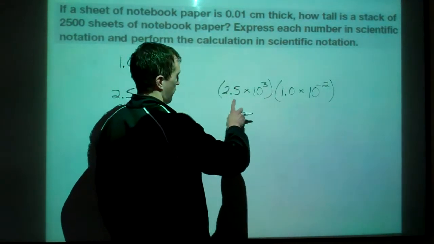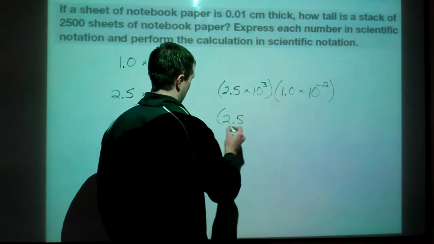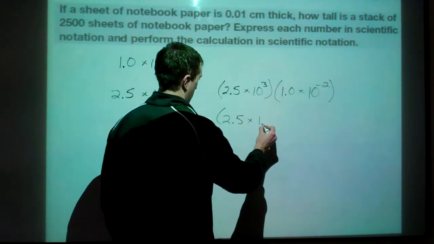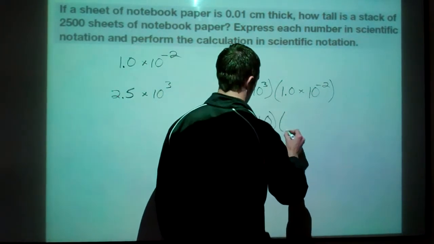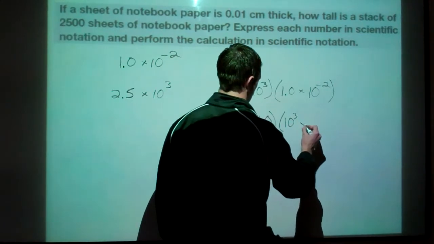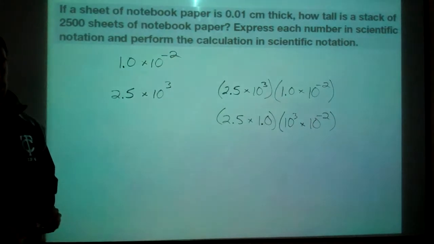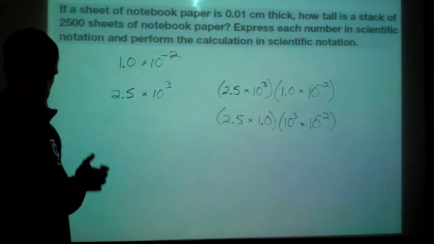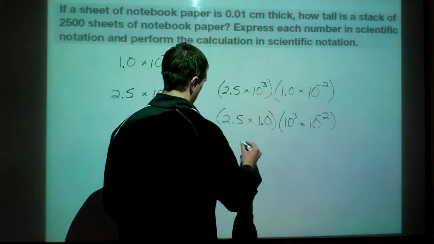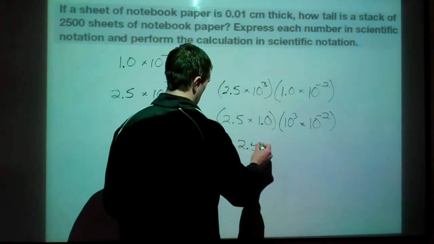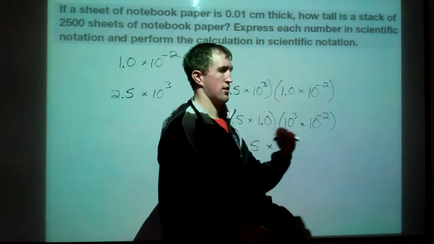So let's do 2.5 times 1, and we'll do 10 to the third times 10 to the negative 2. So we've rearranged it in a way that we can get our answer much easier. 2.5 times 1 is just 2.5, times 10 to the third times 10 to the negative 2.